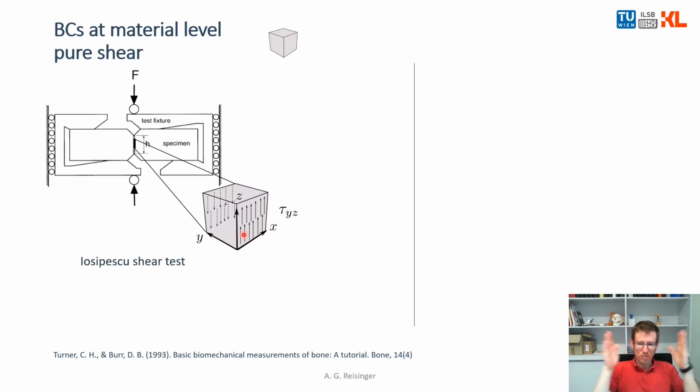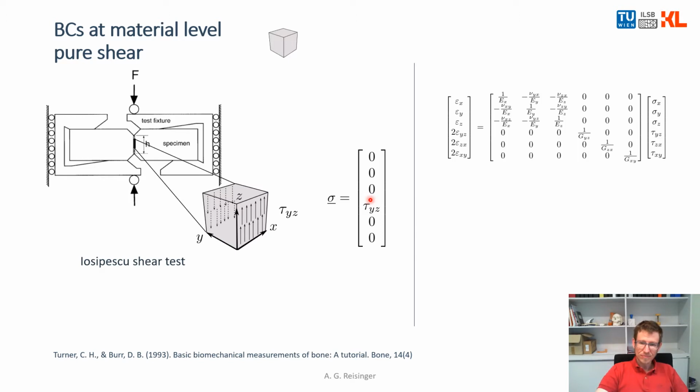It's not push or pull, it's shear. And when you know the force and the cross-section area, you also know the shear stress. As before, the vector of stress components is then simplified to something like this, where there's only one value left, and you know that value.